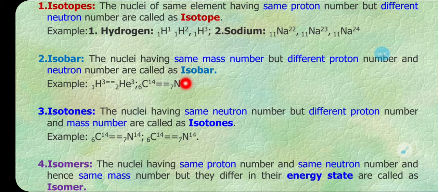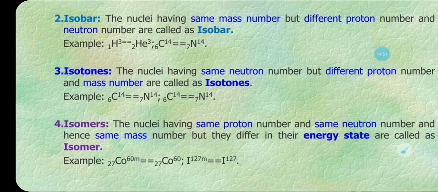So neutron and proton numbers are different, but the mass number is the same. Such elements are called isobars. Iso means same, bar means mass, that is, the same mass number.